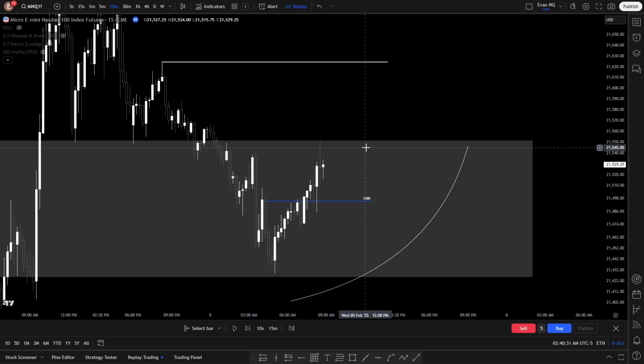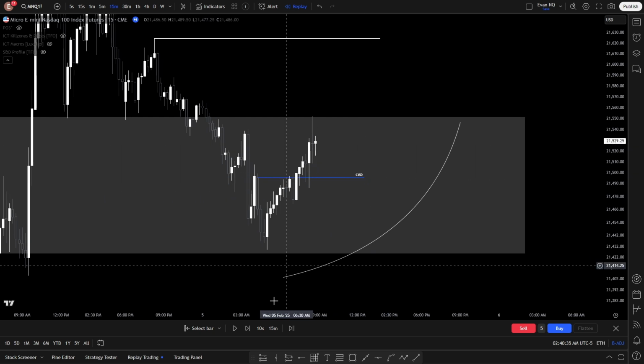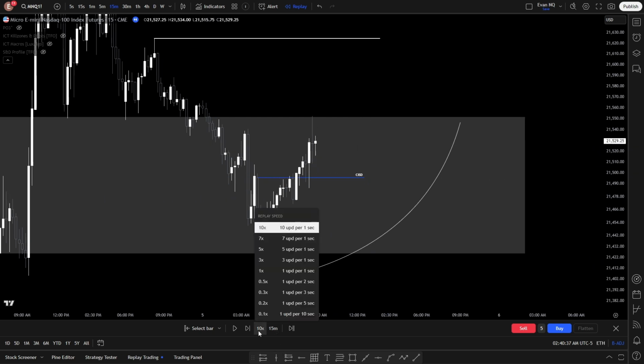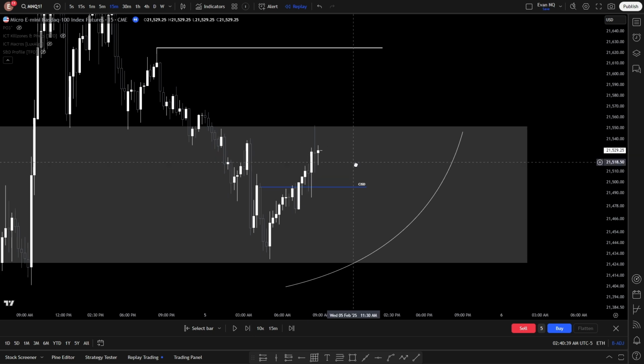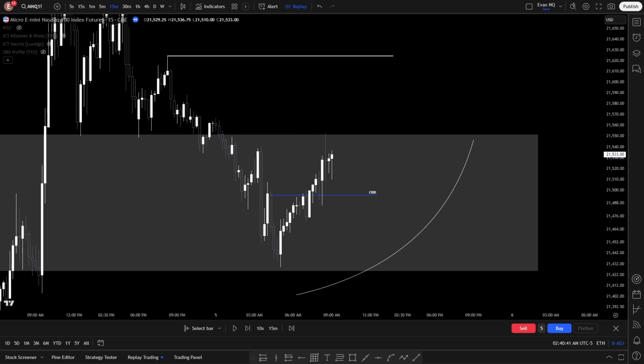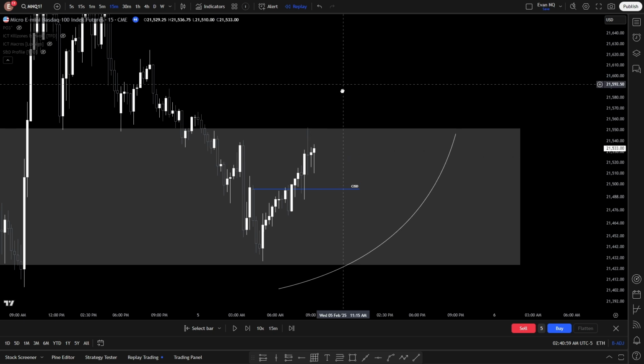But then, closer to New York Open, I also saw something that caught my eye. So at ES, I'm going to go back and look at ES right now. At this time, there was an SMT, I believe.